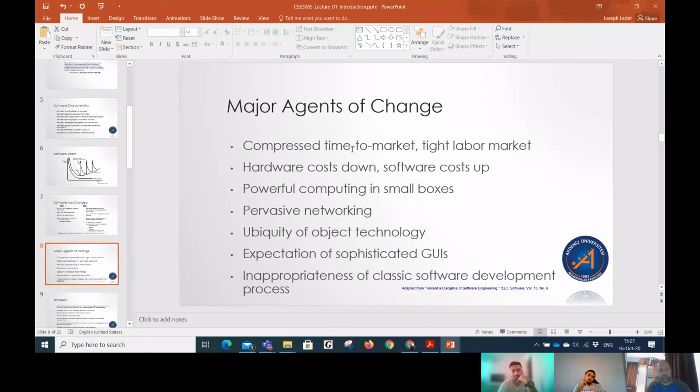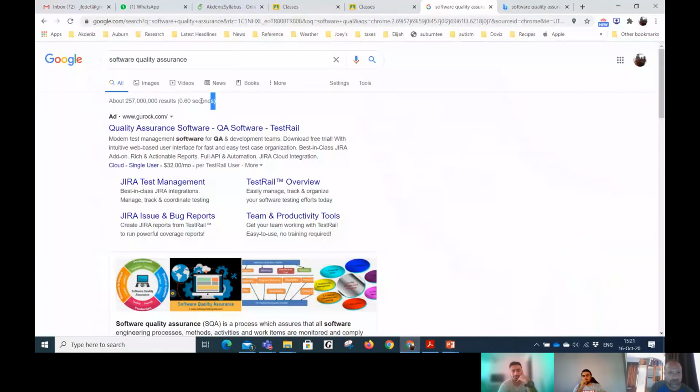So this compressed time to market idea is basically one of the major reasons why things have changed. People are not as patient now. Again, we come back to this Google thing. You and I might say there's not a big difference between a second or 0.6 seconds.